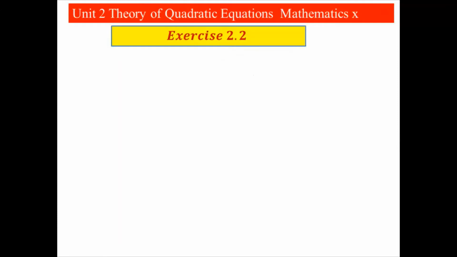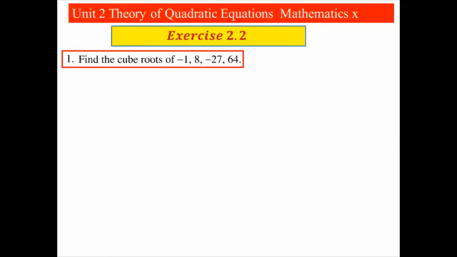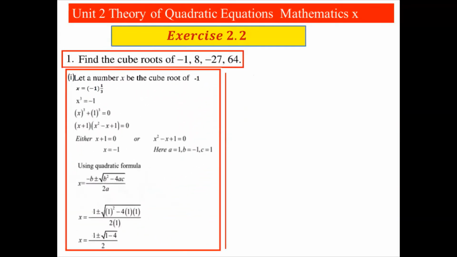Exercise 2.2, question number 1. Find the cube roots of minus 1, 8, minus 27, and 64. Let a number x be the cube root of minus 1. So we can write x is equal to minus 1 raised to power 1 by 3.